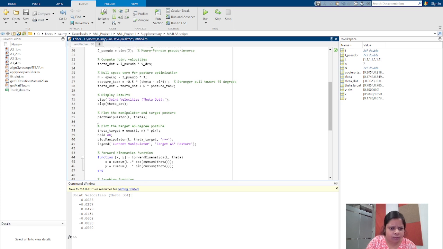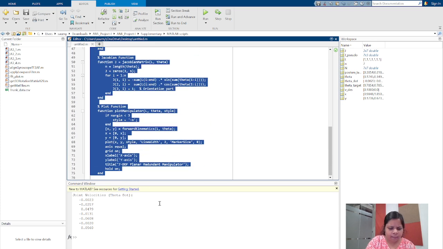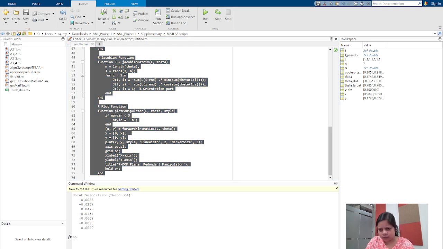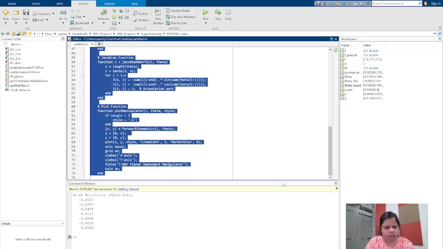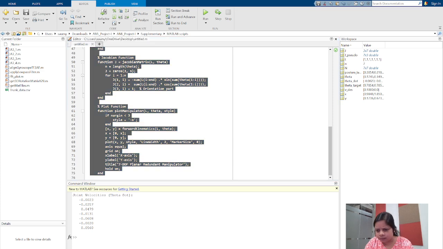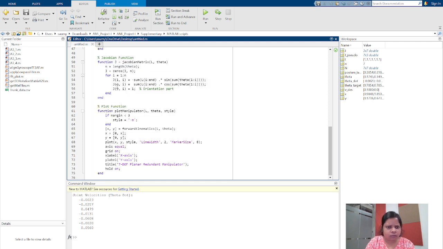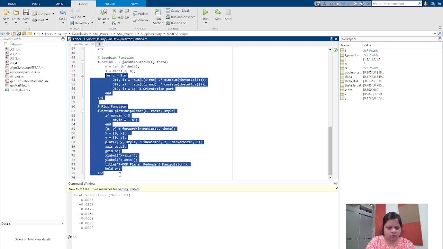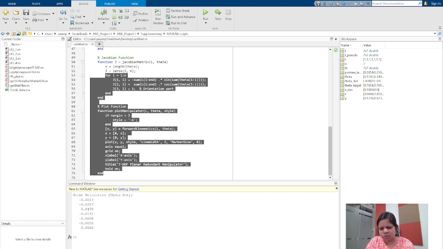Okay, from here. I think indentation could also be a problem for you.